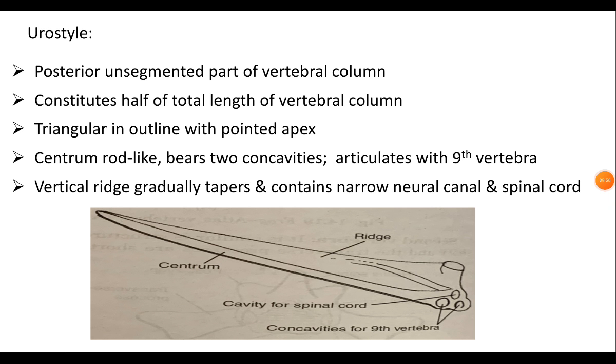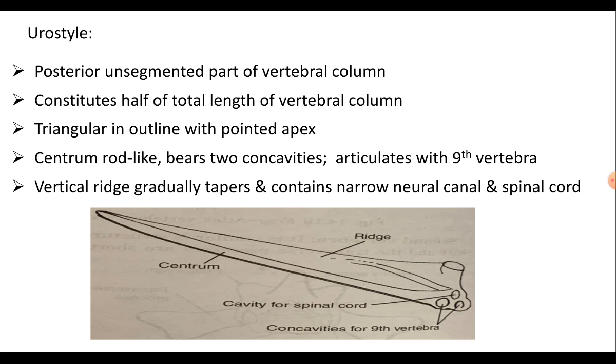Coming to the tenth vertebra, which is the last vertebra, it is the posterior unsegmented part of the vertebral column called the urostyle. It is a long bone articulating with the ninth vertebra, somewhat triangular in shape, as you can notice in the picture.